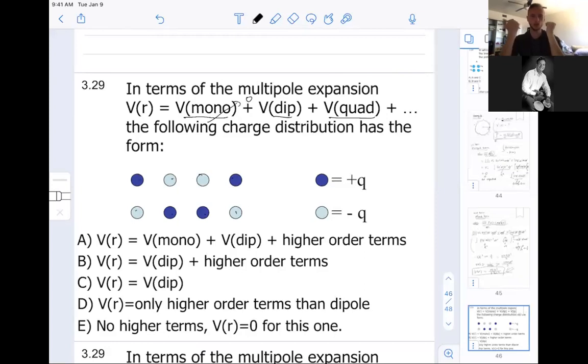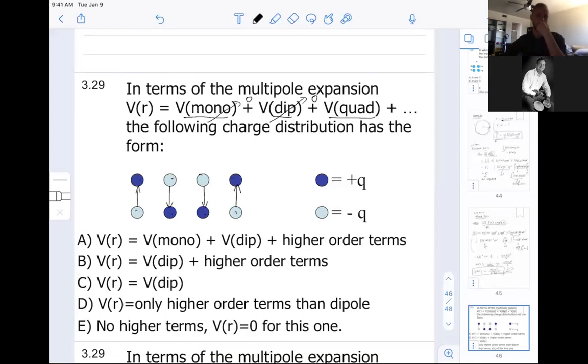And dipole terms, let's look at them one by one. This pair going negative to positive, that's a dipole moment. This one going negative to positive, a dipole moment. And this one going negative to positive, a dipole moment. And negative to positive, a dipole moment. So it looks like the dipole moments cancel out as well. So my dipole term should also be 0.